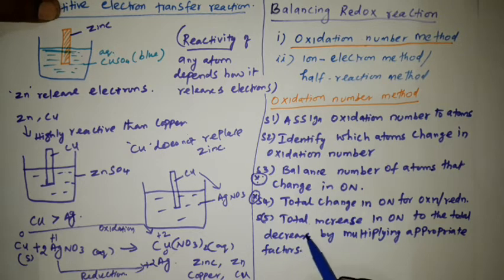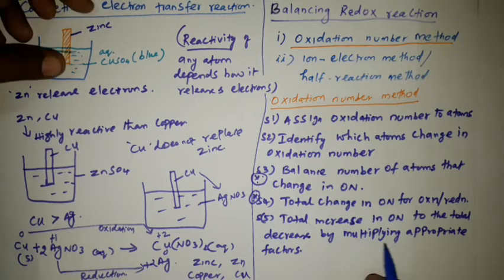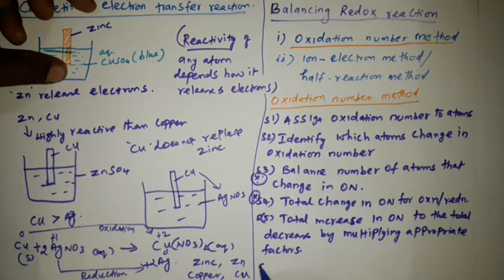So how much the oxidation number increased and how much it decreased, you are going to balance by multiplying appropriate factors.